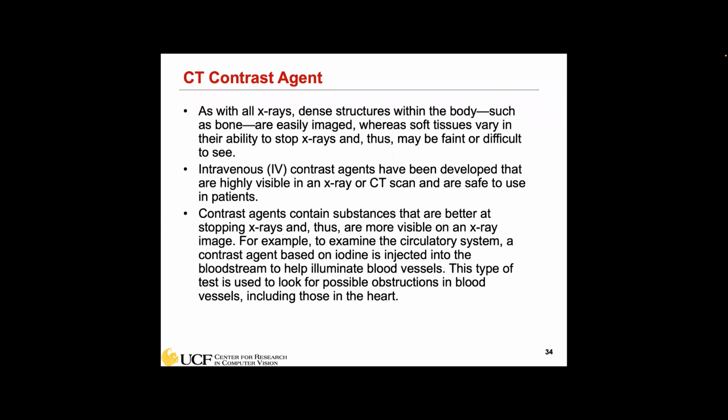And if the IV contrast is injected through the blood vessel, your blood vessels will be highlighted on the X-ray. These are very helpful to the radiologist in making an accurate diagnosis.